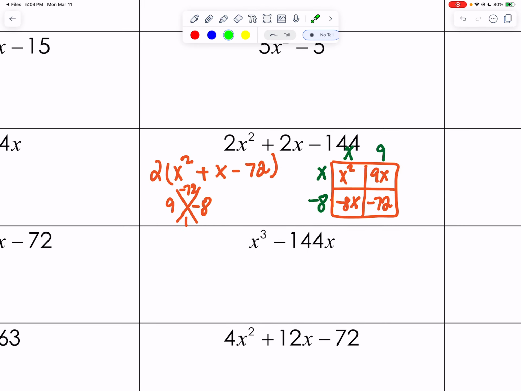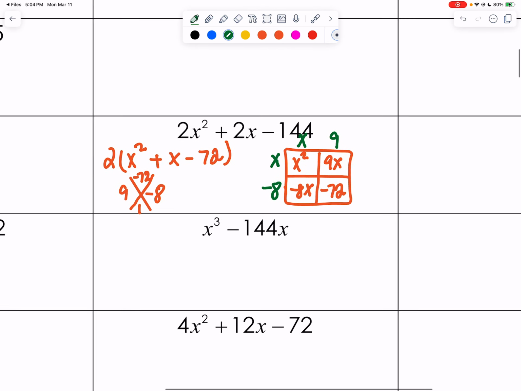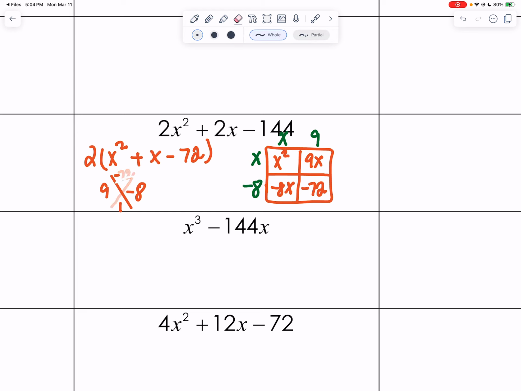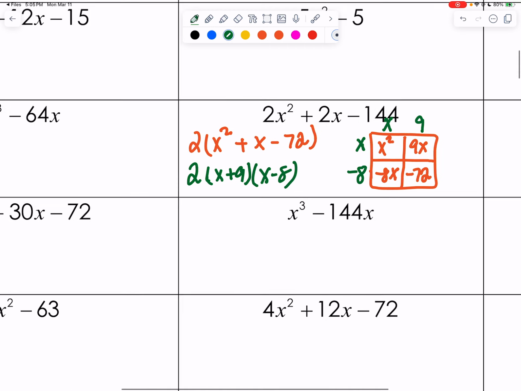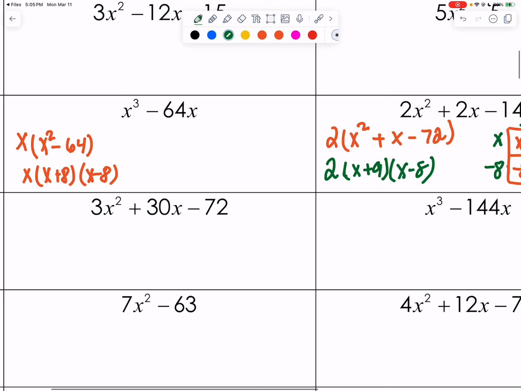So now your simplified factored form for this one right here is going to be x plus 9 and x minus 8. But remember to not forget about that 2 that you had at the very beginning where we factored that out. So we have 2 times x plus 9, x minus 8. And we have an x minus 8 right here, which tells me that x minus 8 is my common binomial.